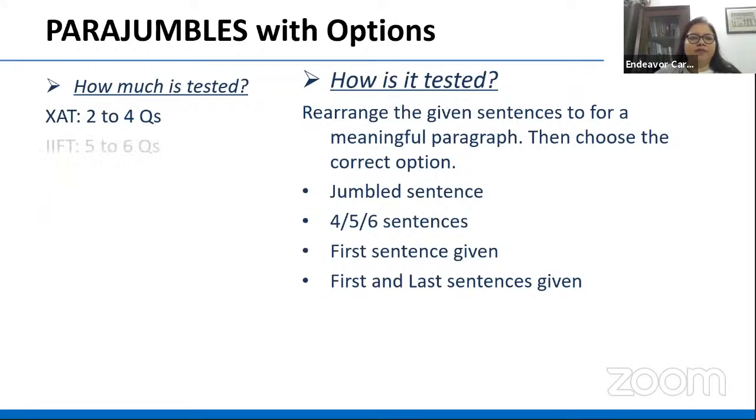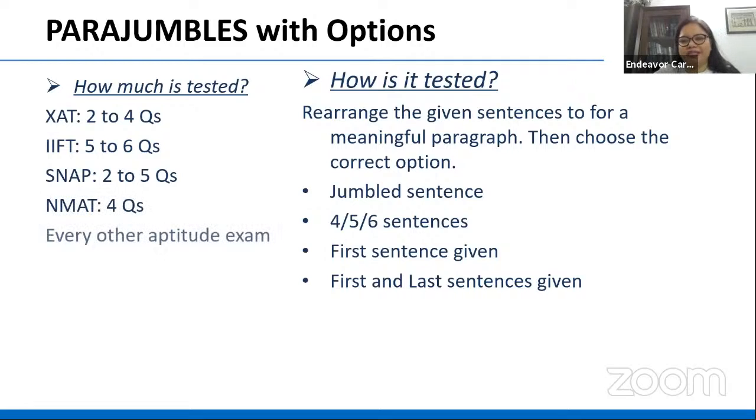In every other exam, from XAT to IFT to SNAP to NMAT, you know how many questions appear? It can be a good chunk of questions. Consider IFT. 5 to 6 questions, and even more at times. We've even seen past papers several years ago where we've come across 8 parajumbles.